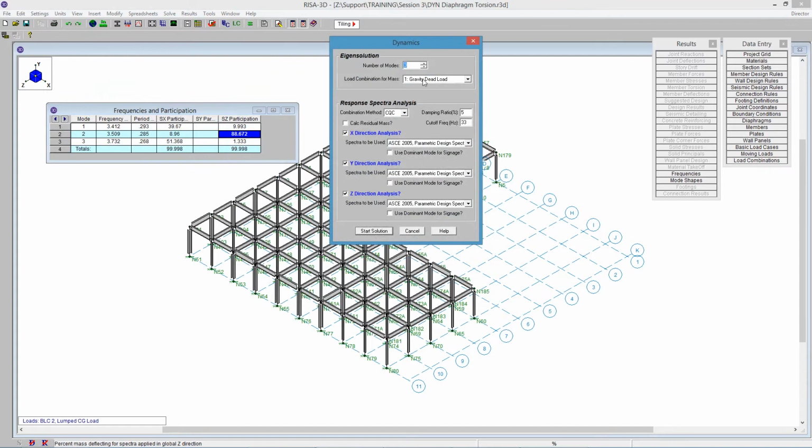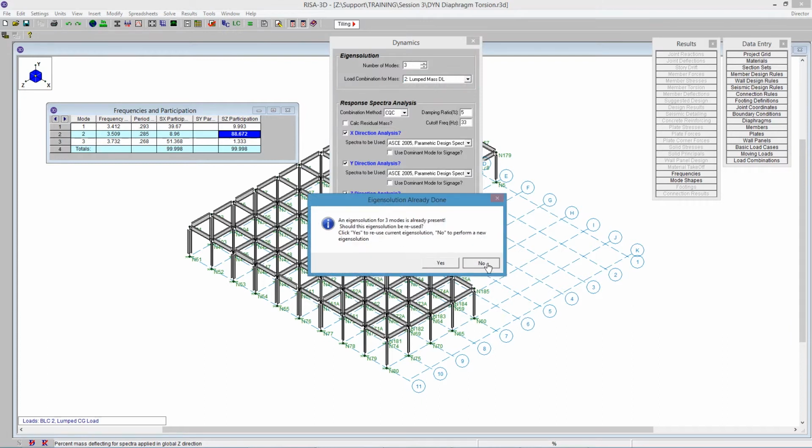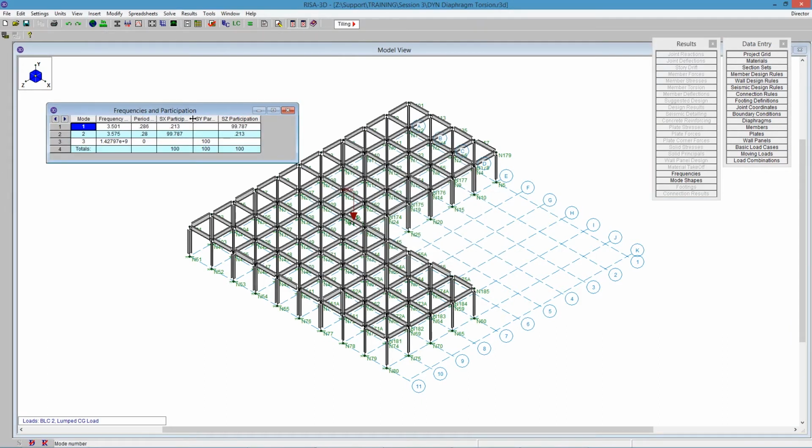Let's take a quick look and run it instead of the load, applying it directly as a lump mass in the dead load combination, and solve it that way. I'm going to rerun it with a new solution and it will clear that out. And now we get about 100% in those two directions. This one here has not much frequency, it's just going in as 0 and dumping into the base.